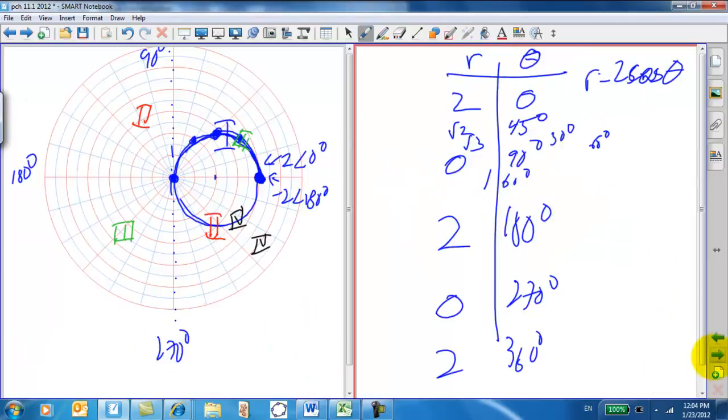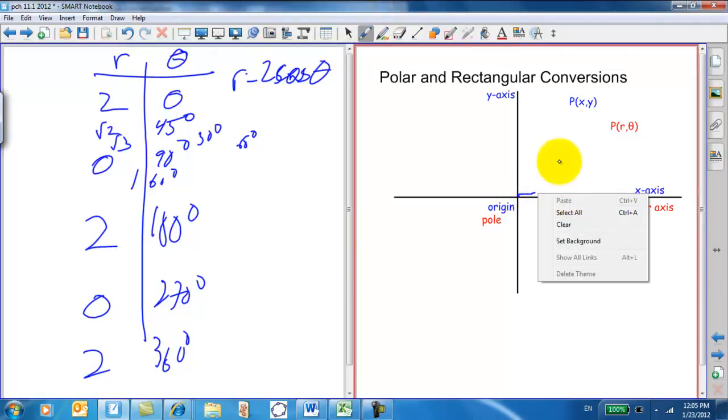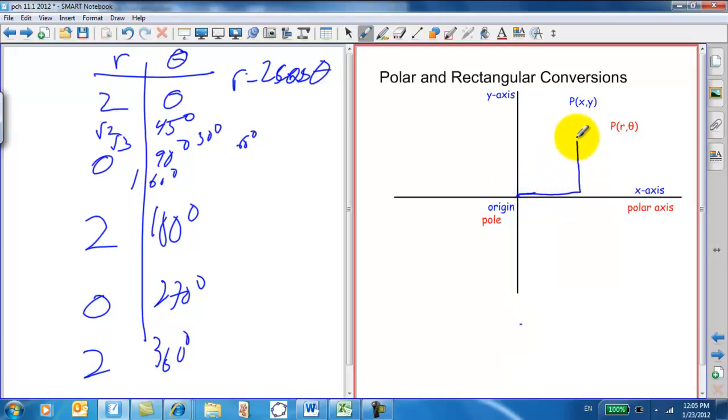We'll try some more examples of this, don't worry. It's tricky stuff. But before we get to that, let's get to some polar and rectangular conversions. Basically, our old way of doing things was giving the x and y coordinate of a point. So here we go. I've got the x and the y coordinate of the point. I go over x, and I go up y.